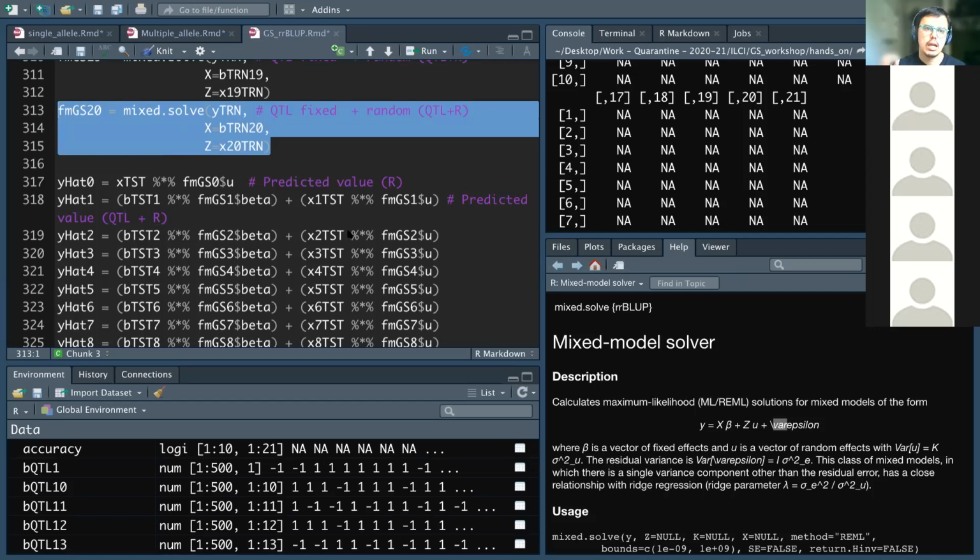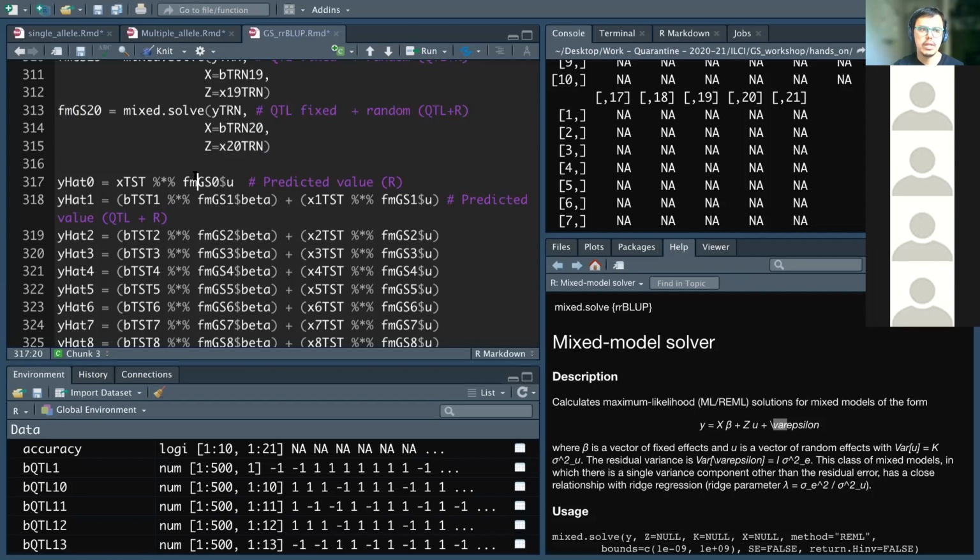Then, when I have the estimation of every single molecular marker, what I have to do is predict the phenotypes in the testing population. To do that, I take the allele substitution effect that I estimated with the model and multiply it with the genotype in the testing population. Remember that in the testing population, we need the genotype.